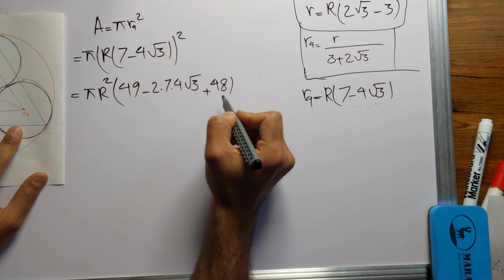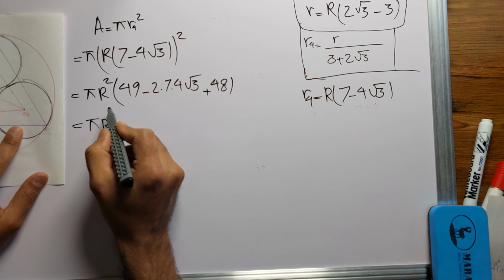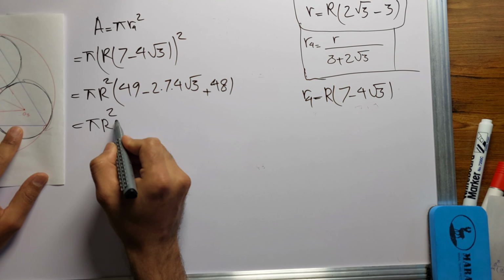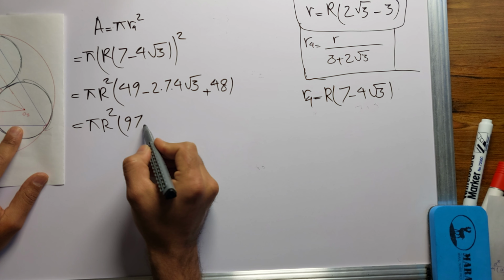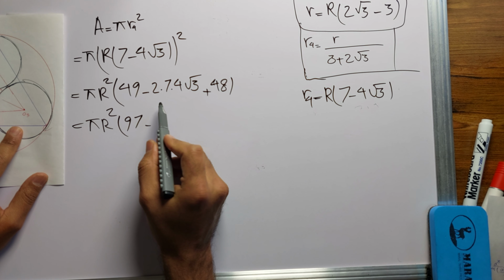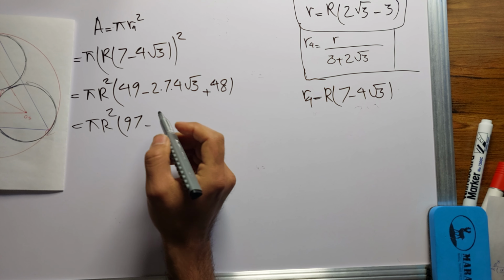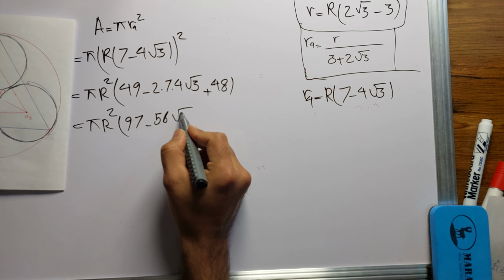So let's simplify that. So 49 plus 48 is 97, minus 2 times 7 is 14, times 4 is 56 square root of 3.